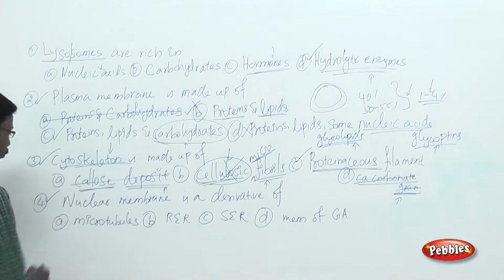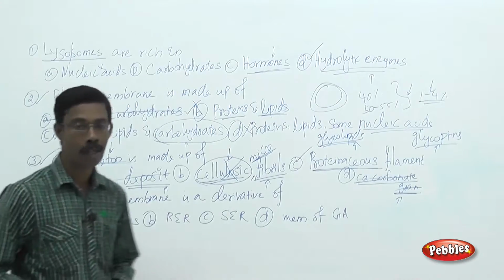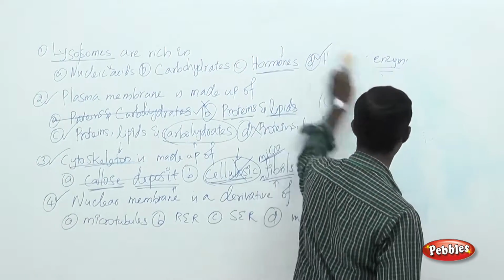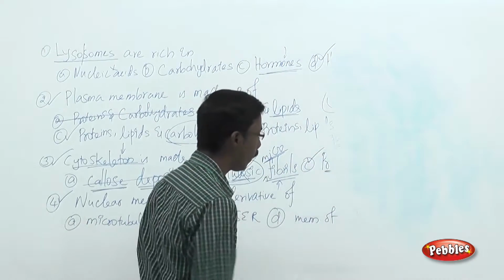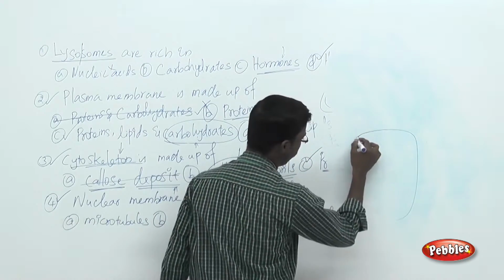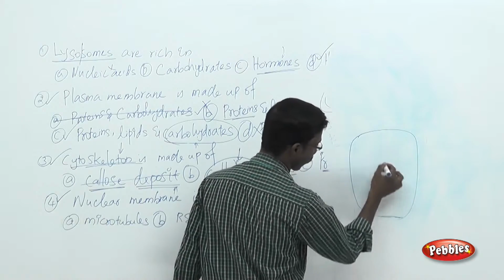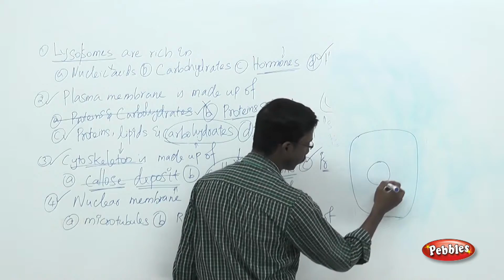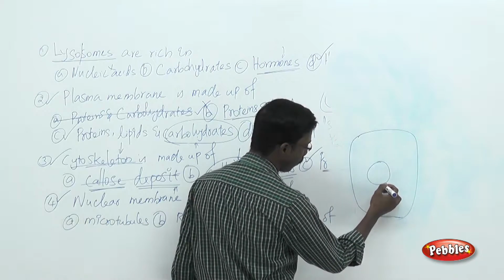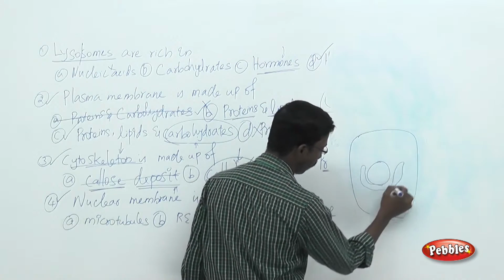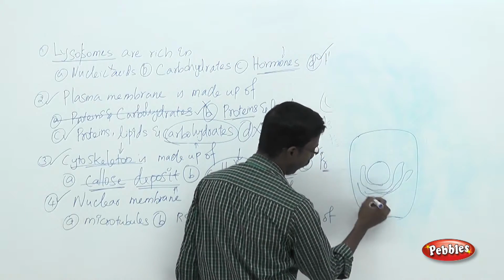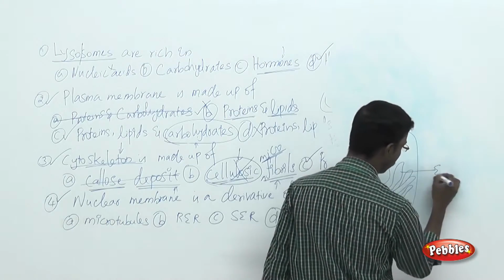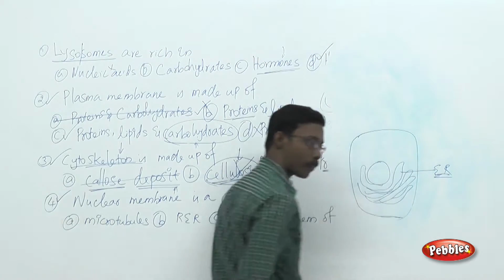See the last question, the nuclear membrane is a derivative of, and you have to recall the structure of the eukaryotic cell and its nucleus. So in a eukaryotic cell, nucleus is one of the major organelles and the nucleus is surrounded by the nuclear membrane, and immediately the nuclear membrane is surrounded by layers of parallel structures, and we all know that this parallel structure is called endoplasmic reticulum.